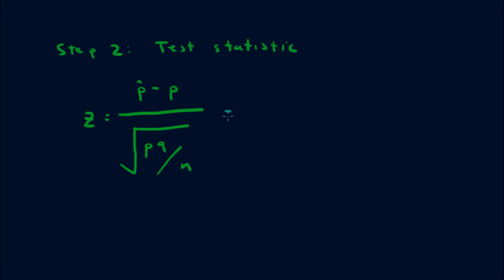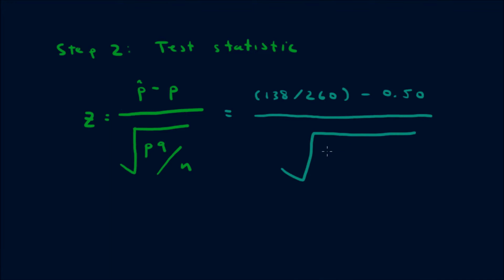So filling this in, I think P hat would be 138 out of 260, minus 0.5, which was the hypothesized value for P. And then this would be 0.5 times 0.5 over 260.